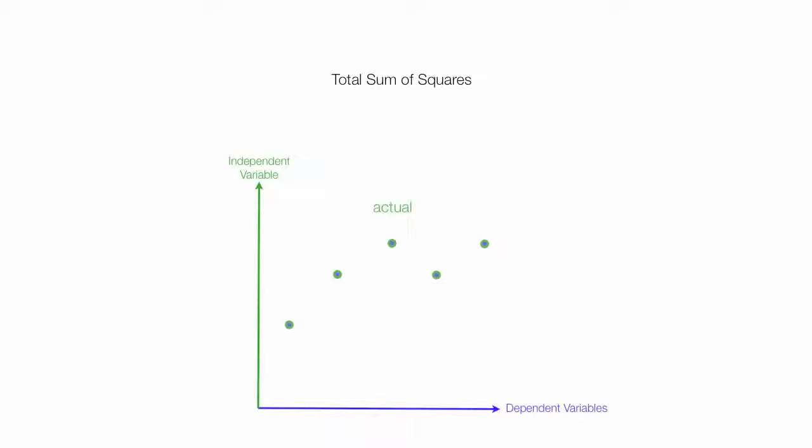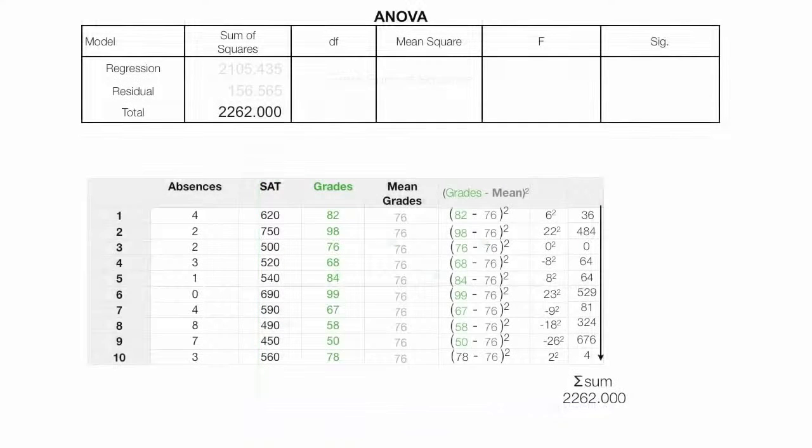These dots are my actual values, my actual grades. I'll take the mean of the actual grades, which was 76 if you remember. In essence, what I'm interested in is the distance between the actual value and the mean. And that's my total sum of squares.